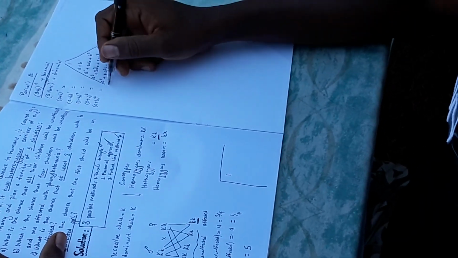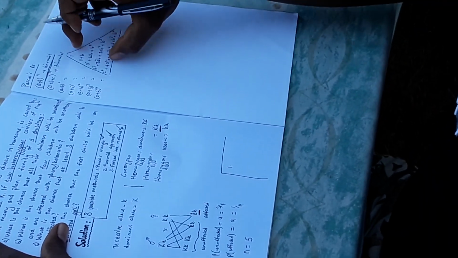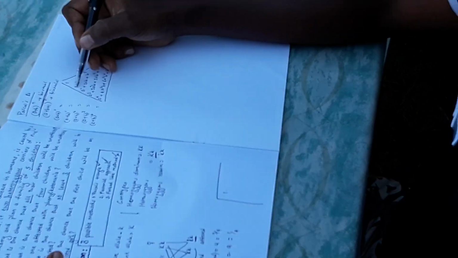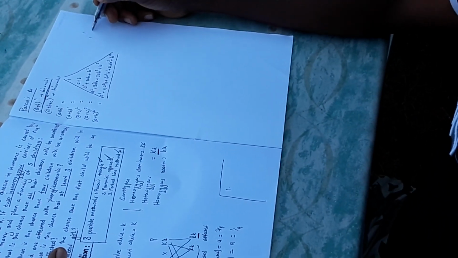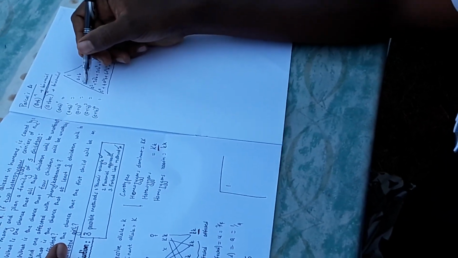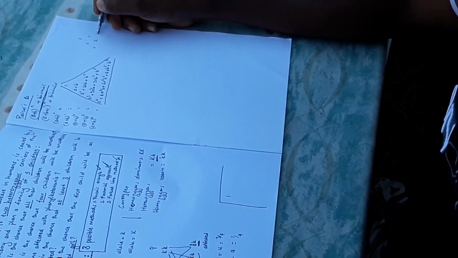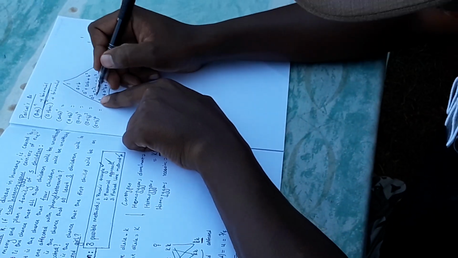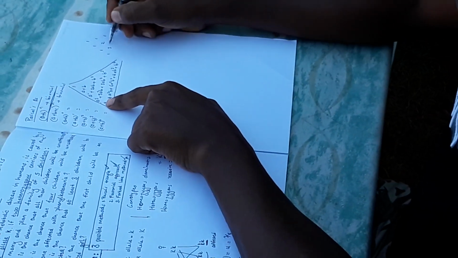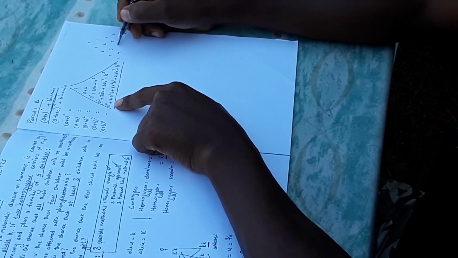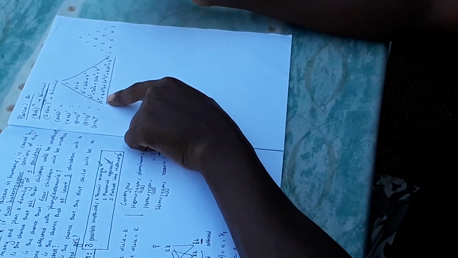If you took the coefficients from these expressions, you would get 1. The coefficients of a and b are 1 and 1. The coefficients of a squared, ab and b squared are 1, 2 and 1. The coefficients here are 1, 3, 3, 1. The coefficients here are 1, 4, 6, 4, 1.